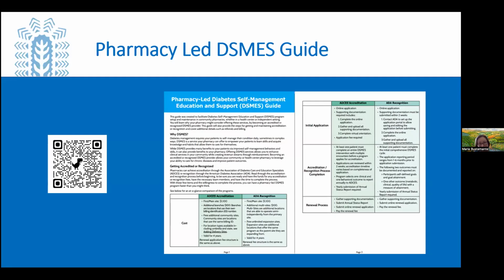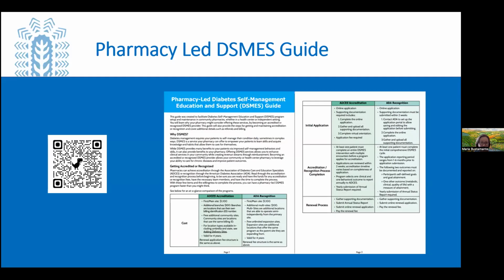So you can look at it. It does have the differences between the ACCESS accreditation and the ADA recognition, which are the two different entities that can accredit for DSMES.